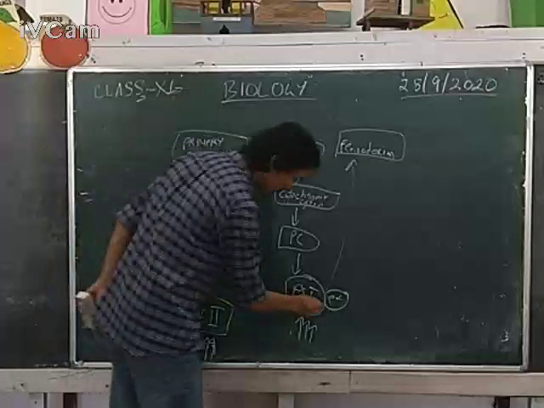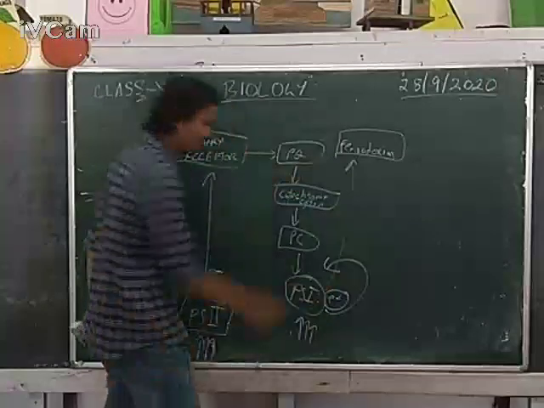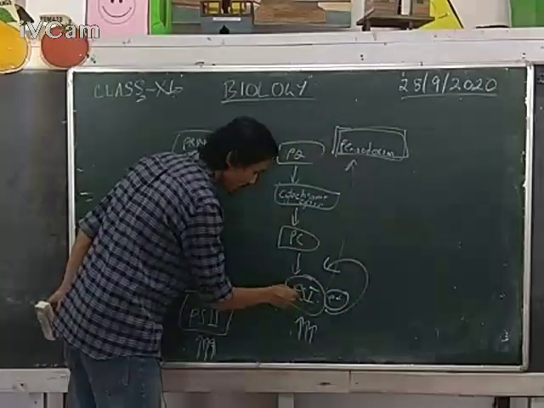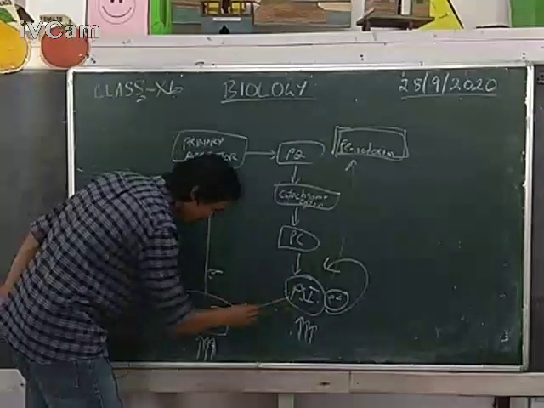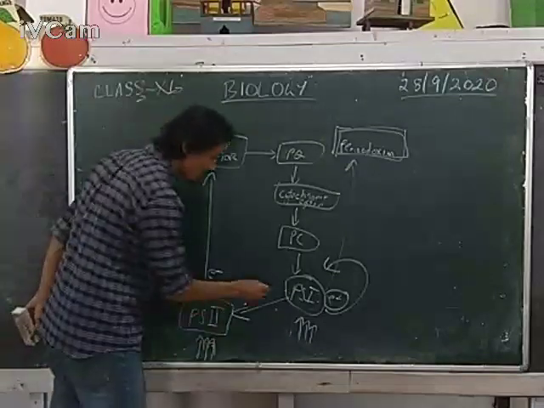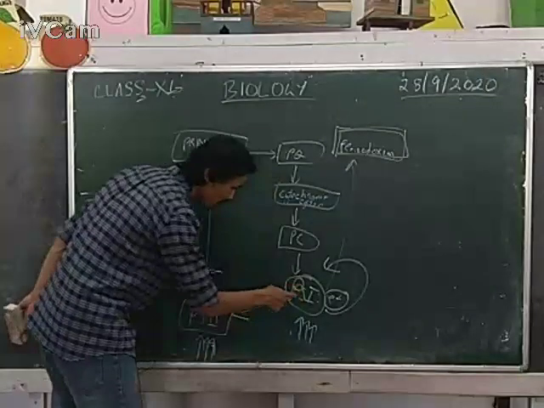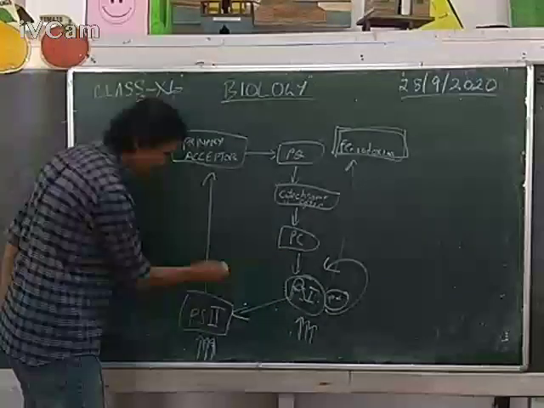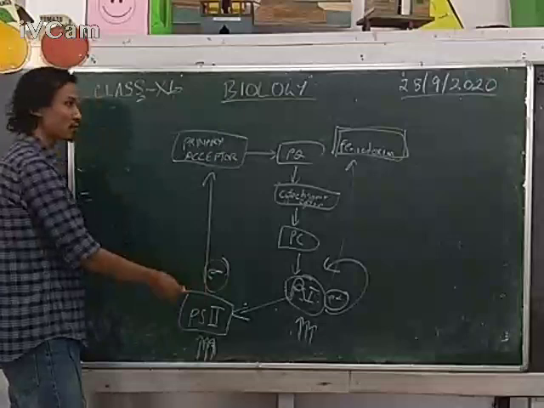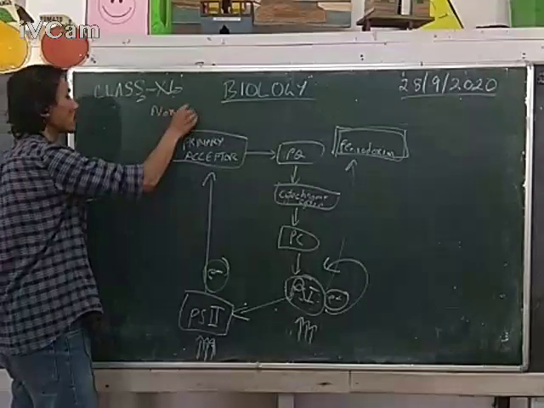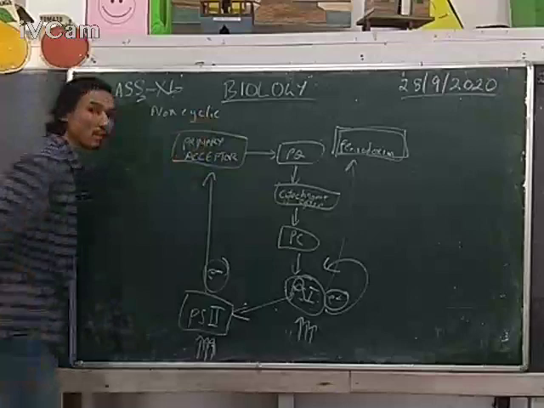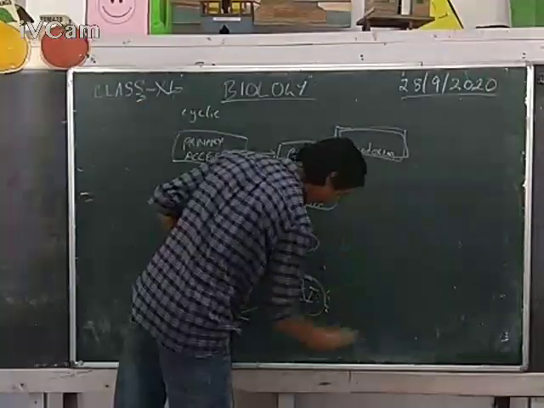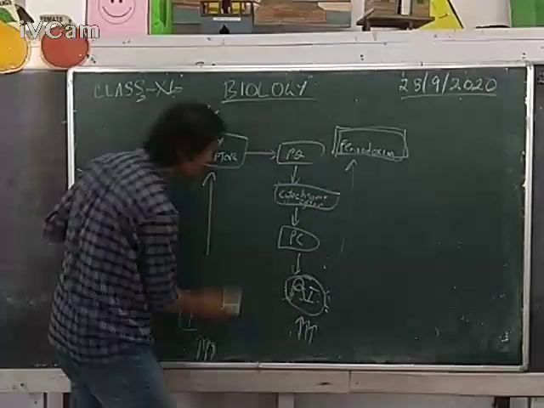Since the electron lost by PS1 is not returned to itself, rather it is lost to ferredoxin, it gets an electron from PS2 instead. The electron lost by PS2 is also not returned to itself, hence this is called non-cyclic photophosphorylation.